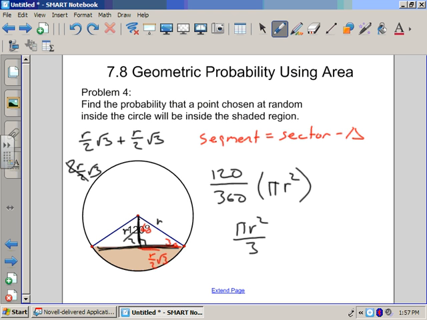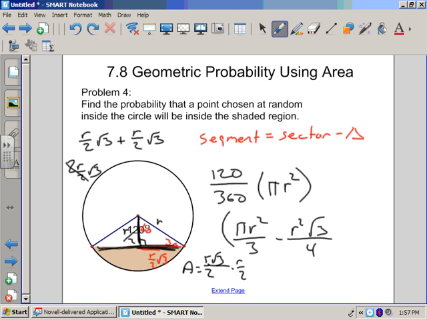The formula for the area of my triangle is going to be 1/2 the base, r times the square root of 3. Hey, look at that, I got right back to this piece right here, times the height, which is r over 2. And so when I get through working this out, my area must be r squared times the square root of 3 over 4.